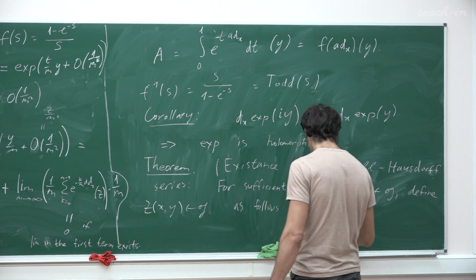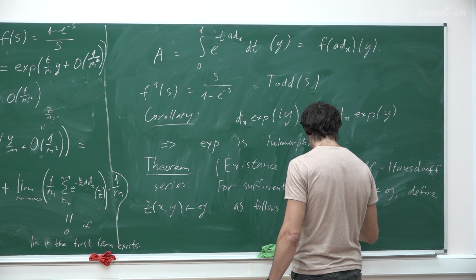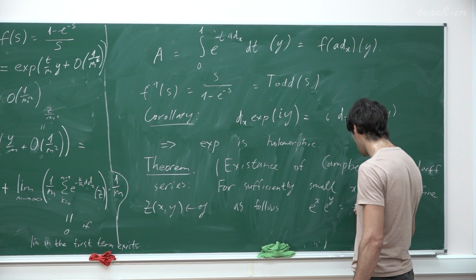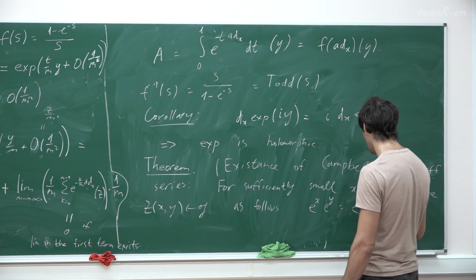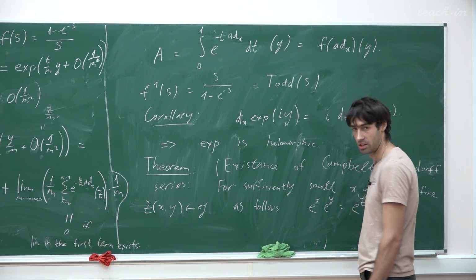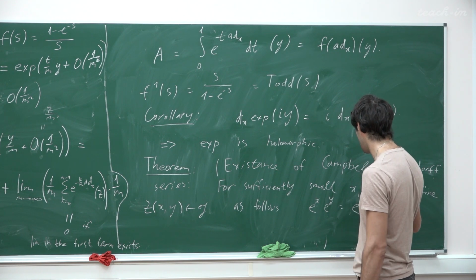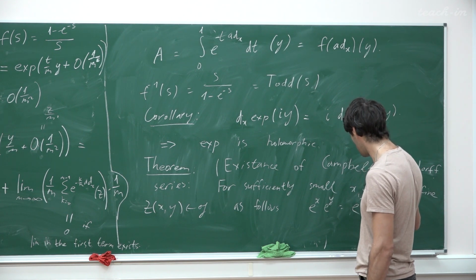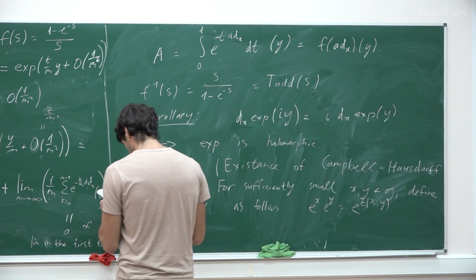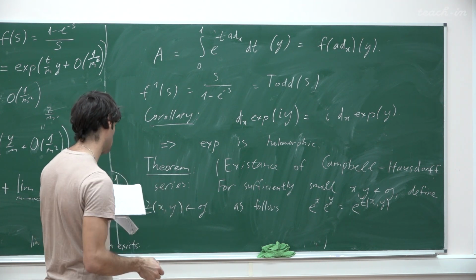So I just take e to the x, e to the y. Since they are small, this is the exponential of something, and this something we denote by z, and this is a function of x and y. Then if we expand it as a Taylor series as a function of x, y, what we get is a Lie series, and this is the statement of the theorem, right?